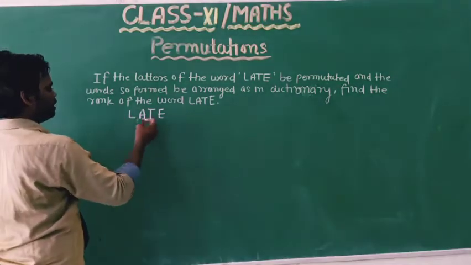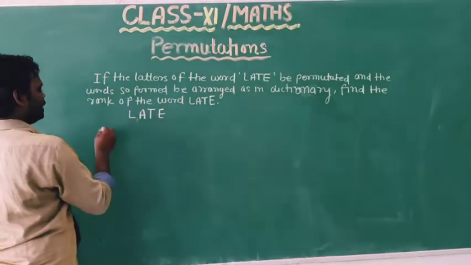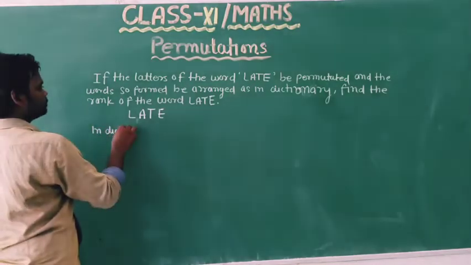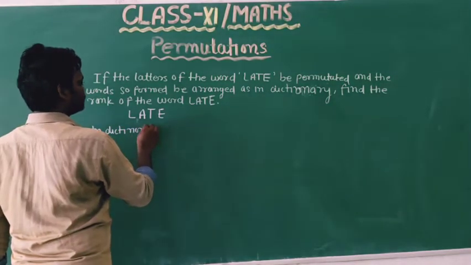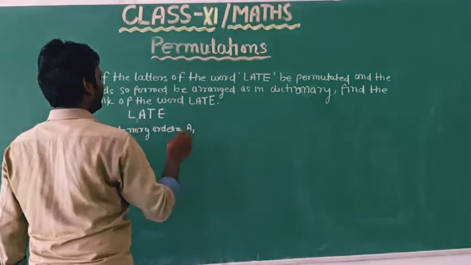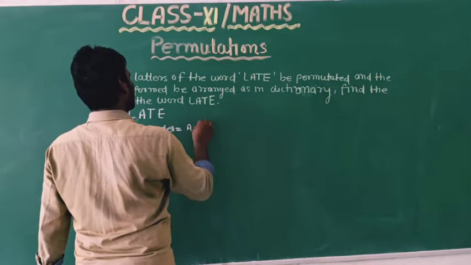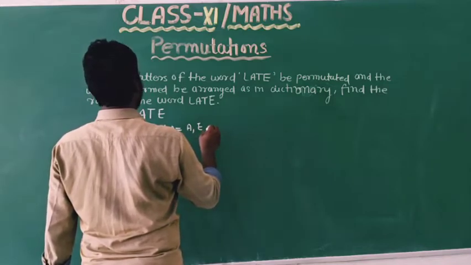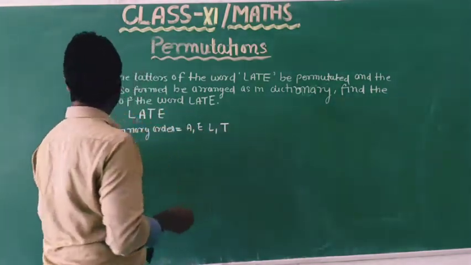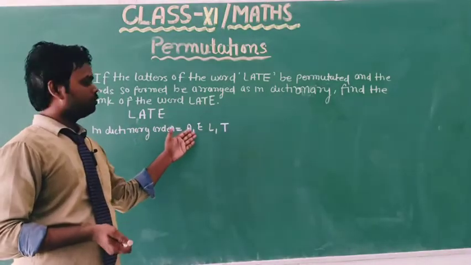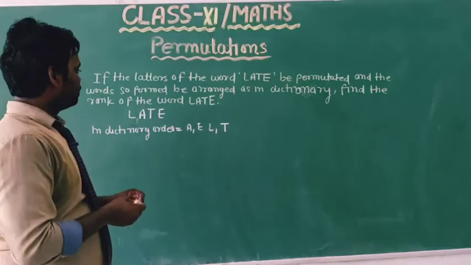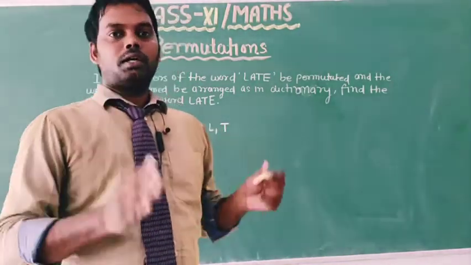According to dictionary order, first comes A, B, C, D, E, F, G, H, I, J, K, L, M, N, O, P, S, T. So this is how the alphabet comes according to the dictionary.